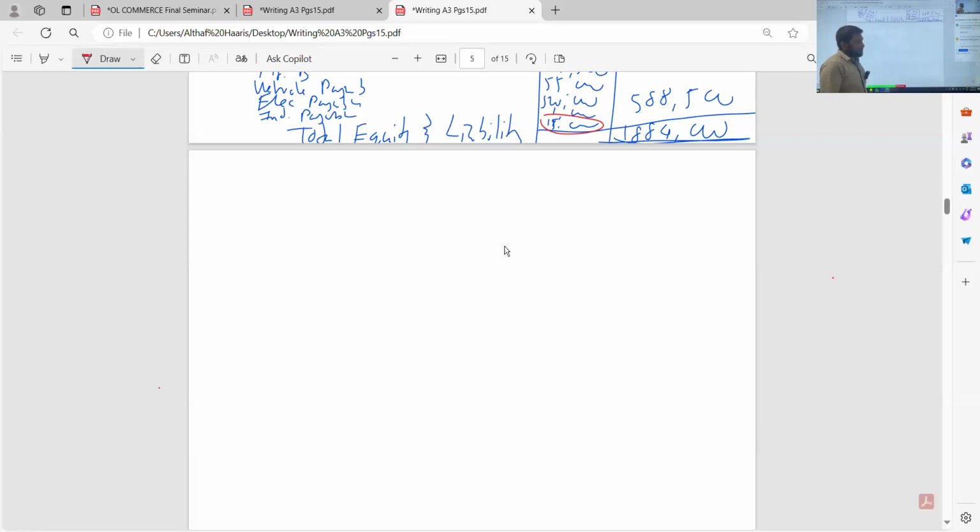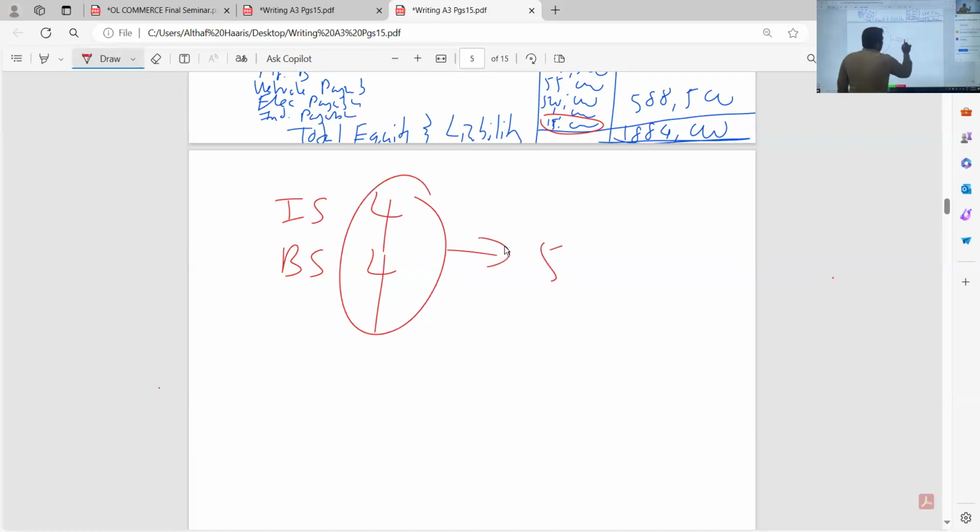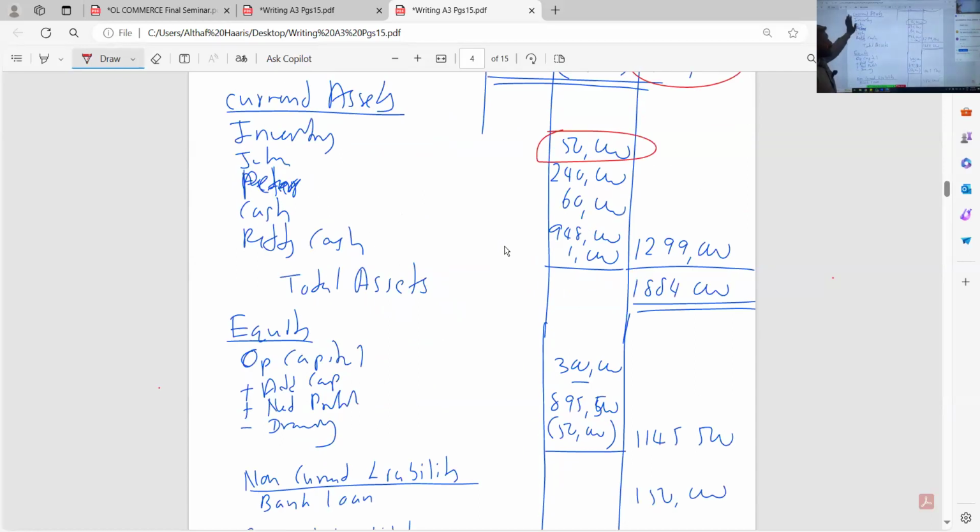Tell me. For the income statement, 4 marks. For the balance sheet, 4 marks. Out of these 8 marks, easily you can get 5 marks if you just write these values, no need to write remaining values also.